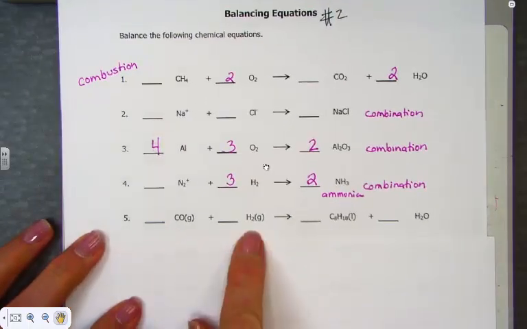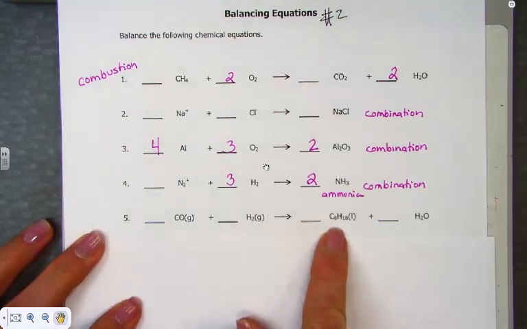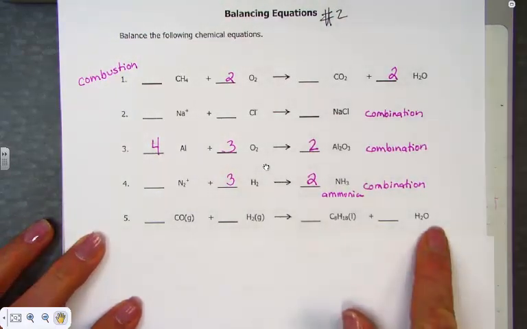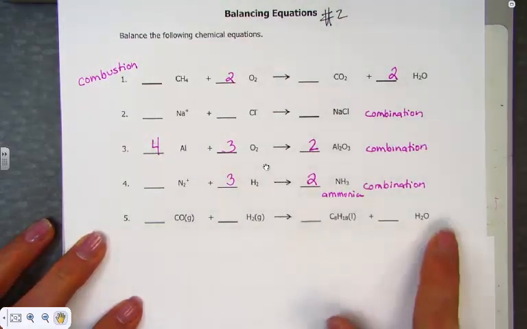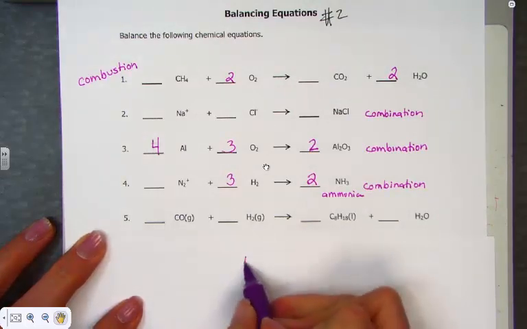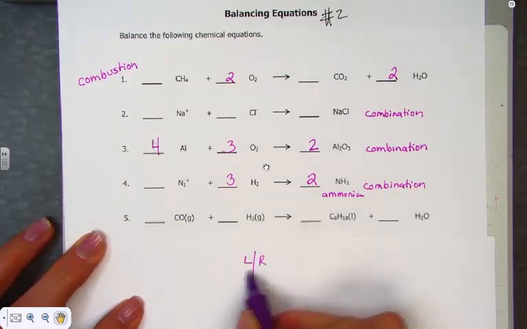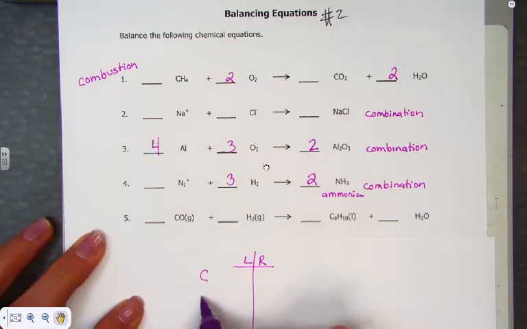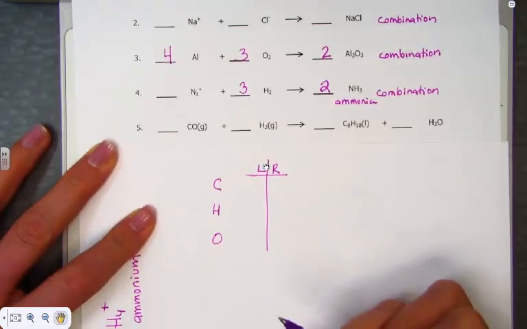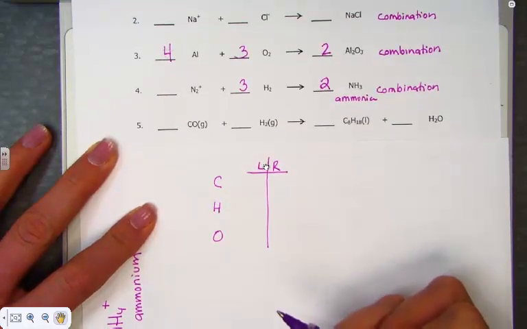Carbon monoxide and hydrogen forming octane, an organic molecule, and water. Let's tally. We have C's, H's, and O's. Remember my hint? I like to go through C's and H's and O's in that order.